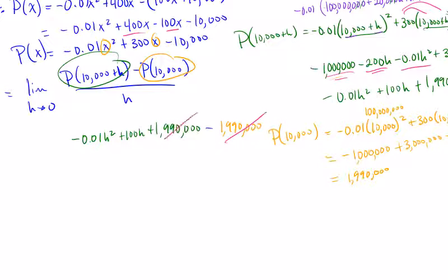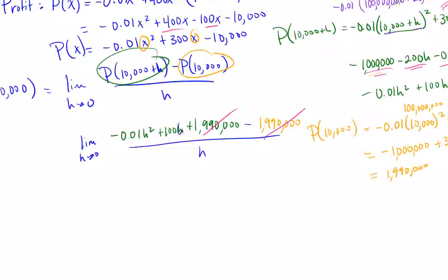Where our variables are, the constant cancels out. Let me put everything else in here. Okay, so the constant cancels out, and then we can just factor out an h here, right? And so we have h times the quantity of negative 0.01h plus 100 all over h, right?